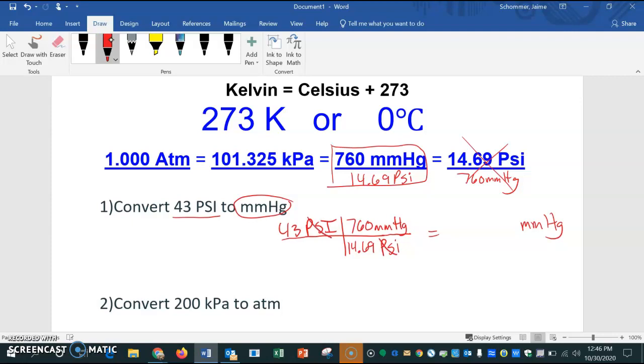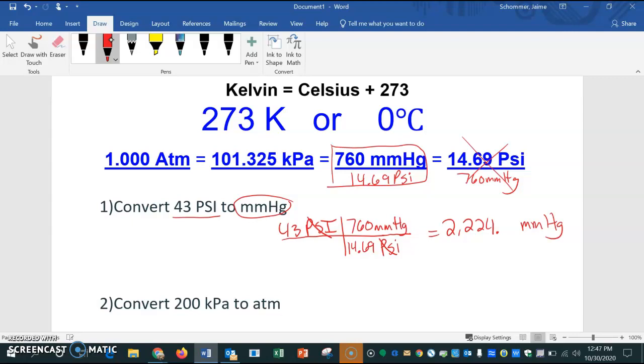So psi cancels. I'm going to cross those out, and I'm left with millimeters of mercury, which is what I want. This is just like fractions. So you take all your top numbers, multiply them, get an answer. Take all your bottom numbers, get an answer, and divide them. So I'm going to take 43 times 760, and you get 32,680. But I'm going to divide it by 14.69, and I'm going to get 2,224.